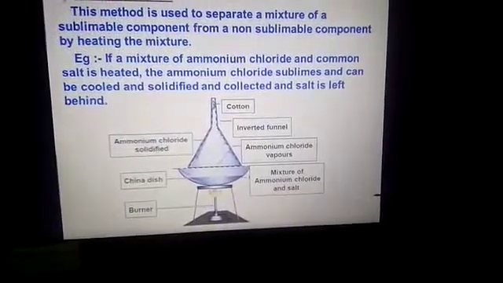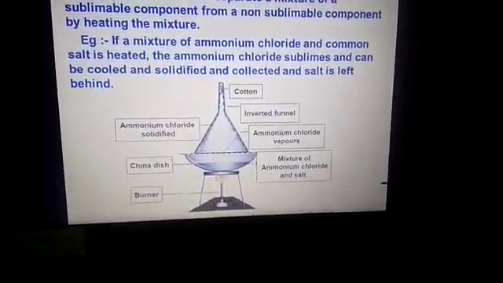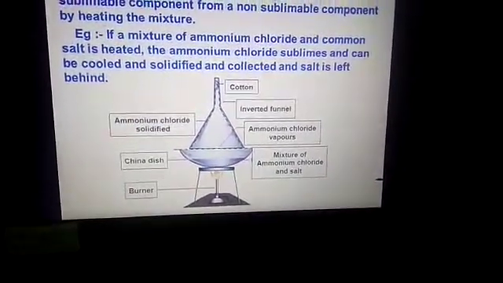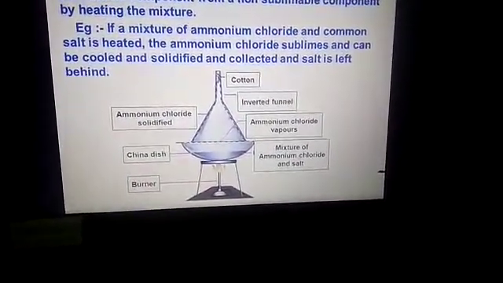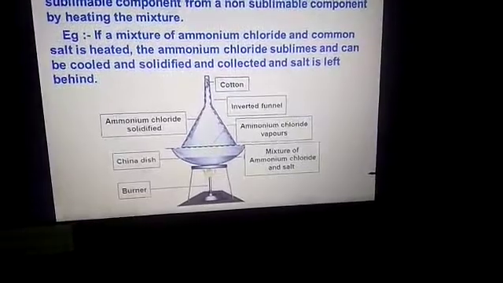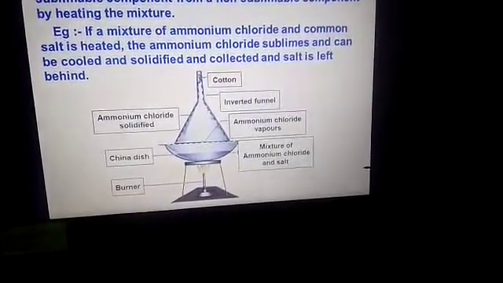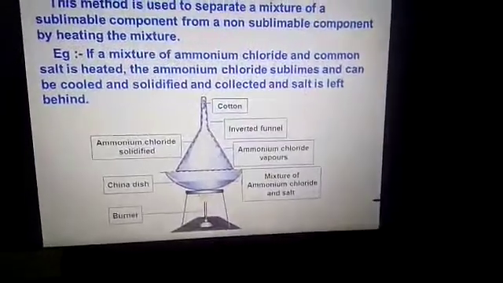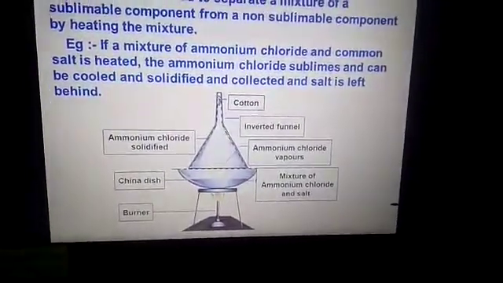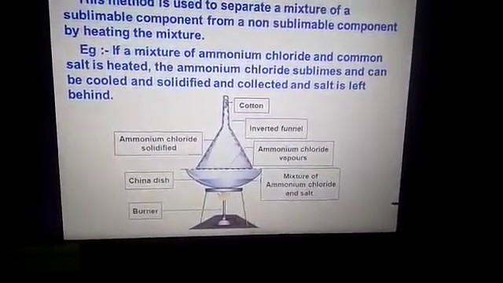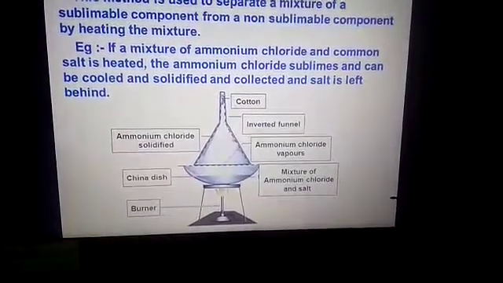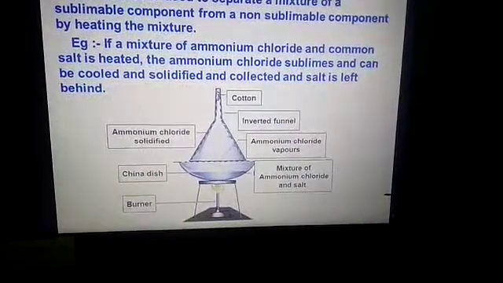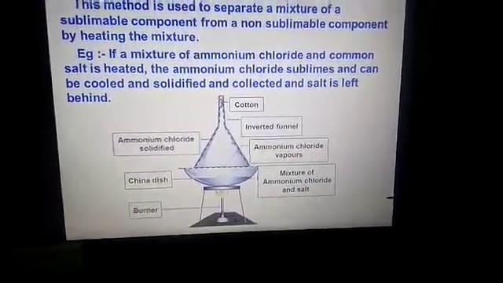Solvent extraction is for a soluble solid and an insoluble solid. This separation is based on soluble solids dissolving in a solvent, leaving behind the other. In the sublimation setup, see here, a mixture of ammonium chloride and salt will be heated.